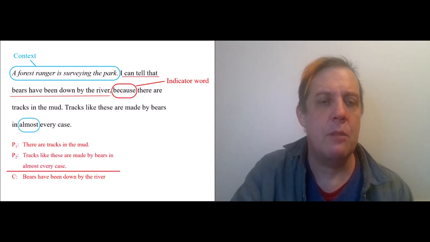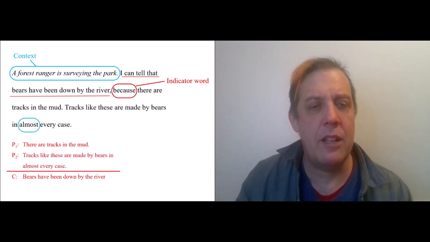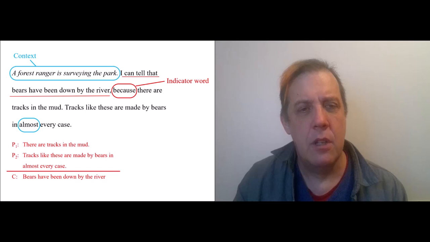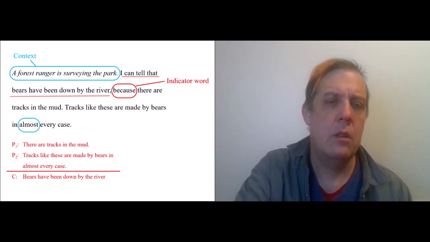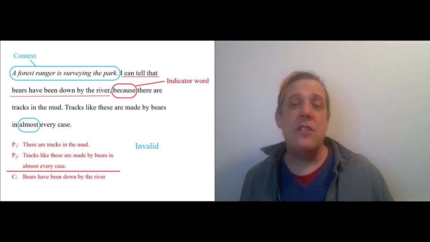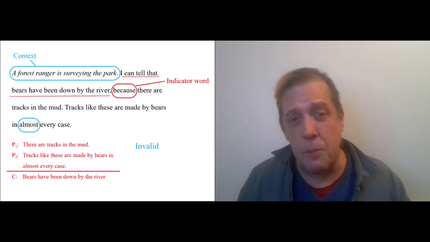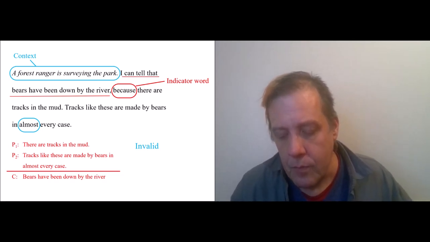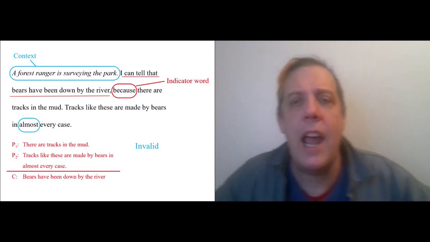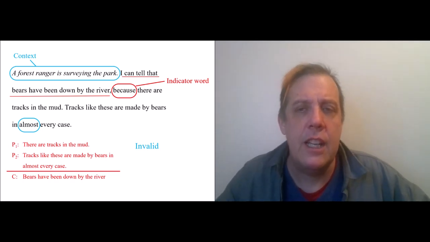There are tracks in the mud, and tracks like these are made by bears in almost every case. Oh, but wait, there's that word "almost." That means this argument is invalid. Nevertheless, it looks like it's a pretty good argument. So now we're going to have to talk about a different kind of compliment that we can pay arguments.